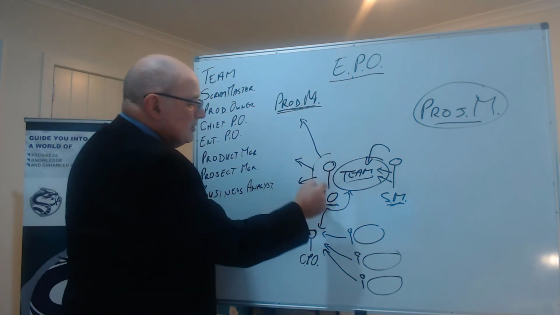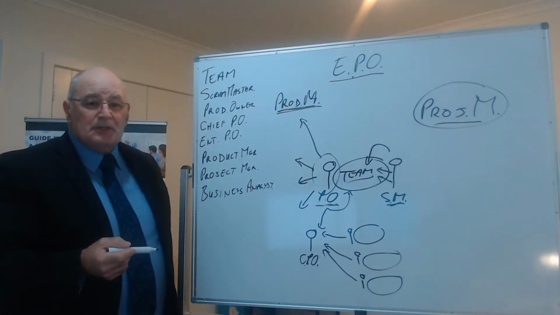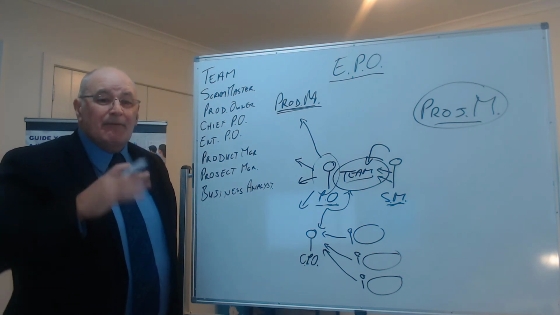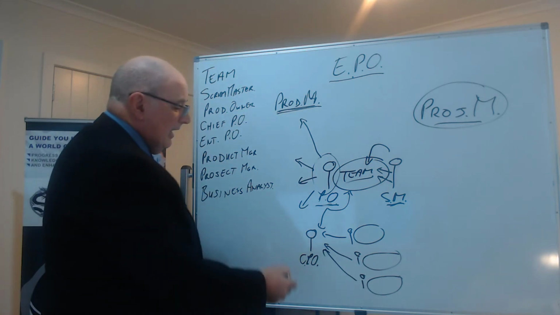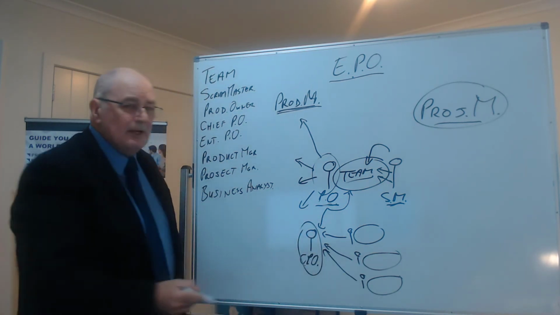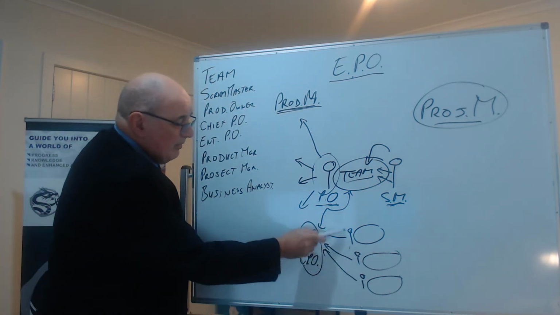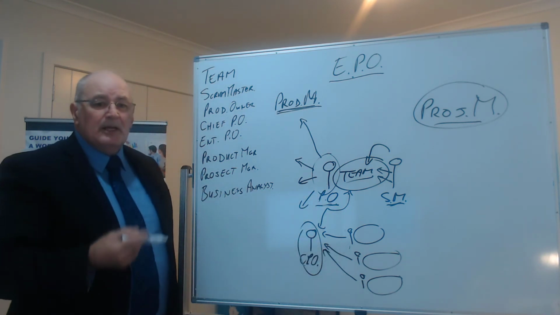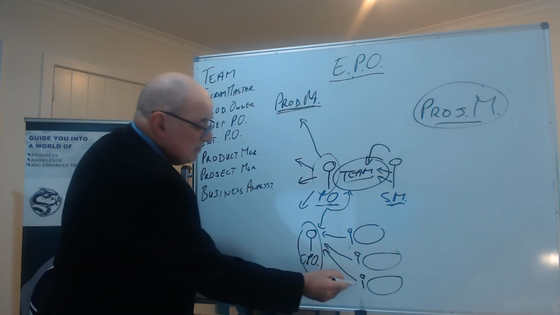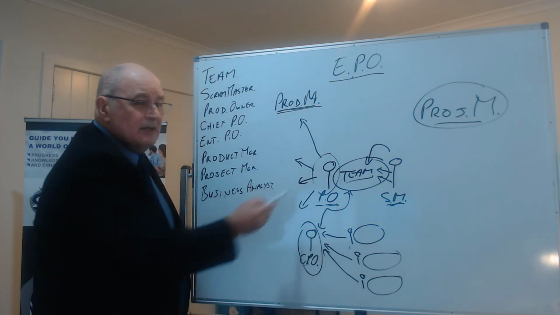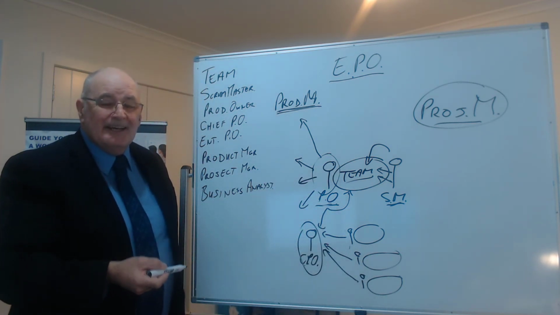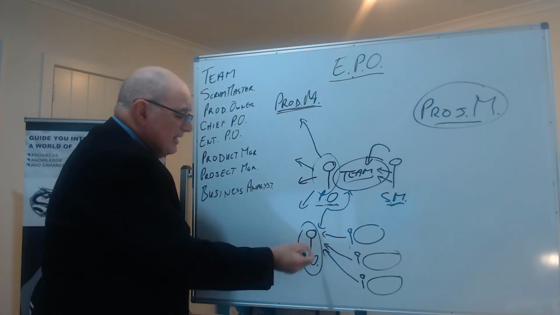This person's making sure that what it's producing is the correct things for now. What is the most important thing to do? This person is taking a look and making sure that the different priorities of all these product owners can be worked out. For example, this person might need the team to work on something, but is waiting on this team to finish it. So there's different areas there, so that works in well.